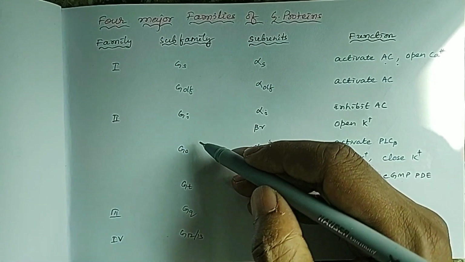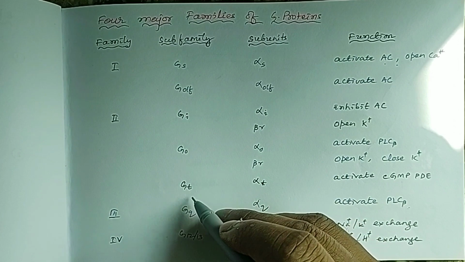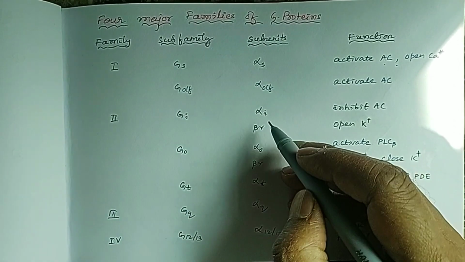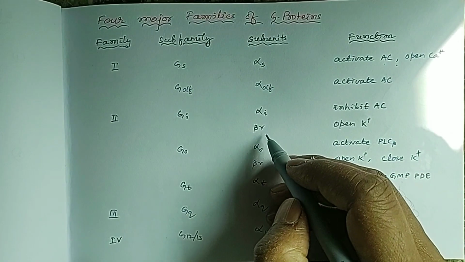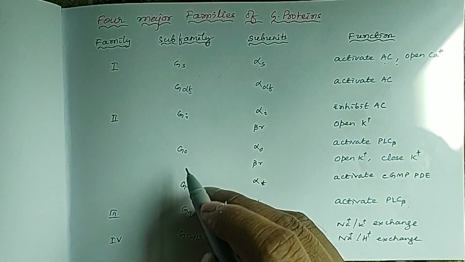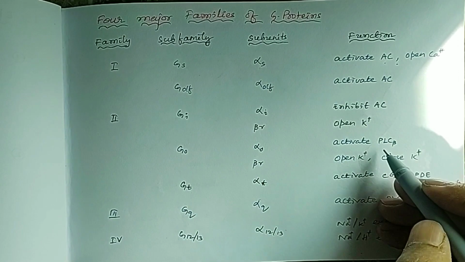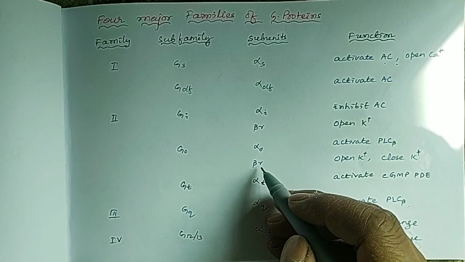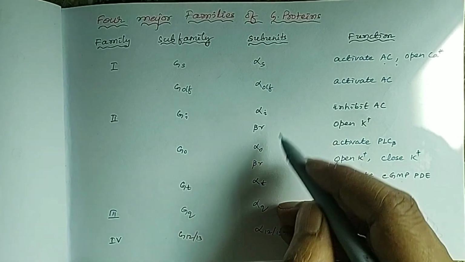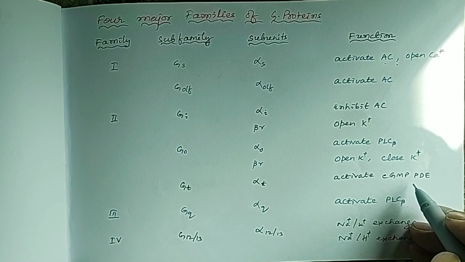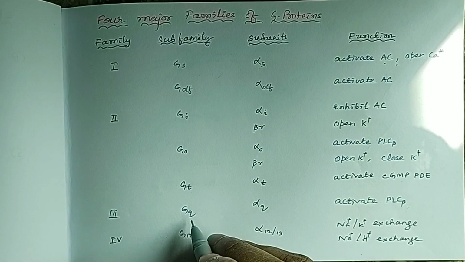Similarly, the second family consists of GI, GO and GT. GI consists of alpha I, which inhibits adenylyl cyclase. Beta gamma opens the potassium channel. GO alpha O activates phospholipase C, and beta gamma closes potassium. The GT subunit alpha T activates cyclic GMP phosphodiesterase.